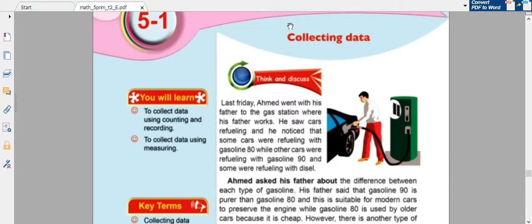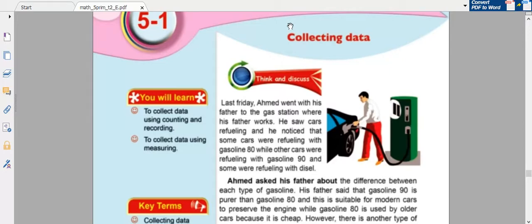In this lesson also we will collect data using a way called tally marks. We will know all about tally marks and measurement and collecting data using measuring and frequencies.